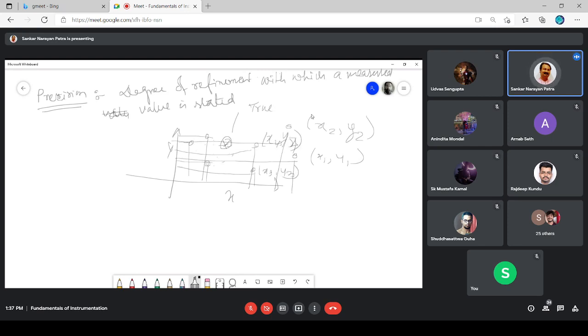Then you will get an average value, x mean and y mean.